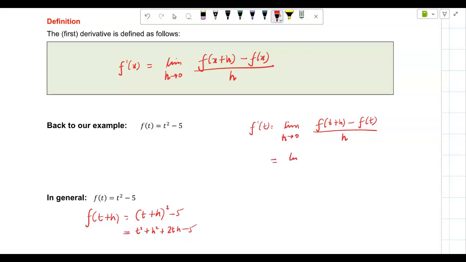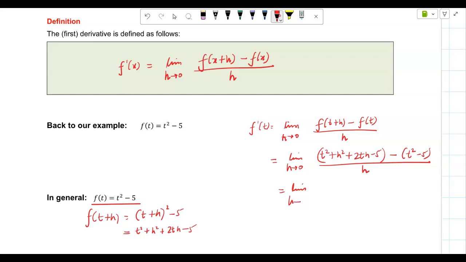Correct? So limit as h tends to 0 of t square plus h square plus 2th minus 5 minus, what is f t? This is my f t, t square minus 5, upon h.